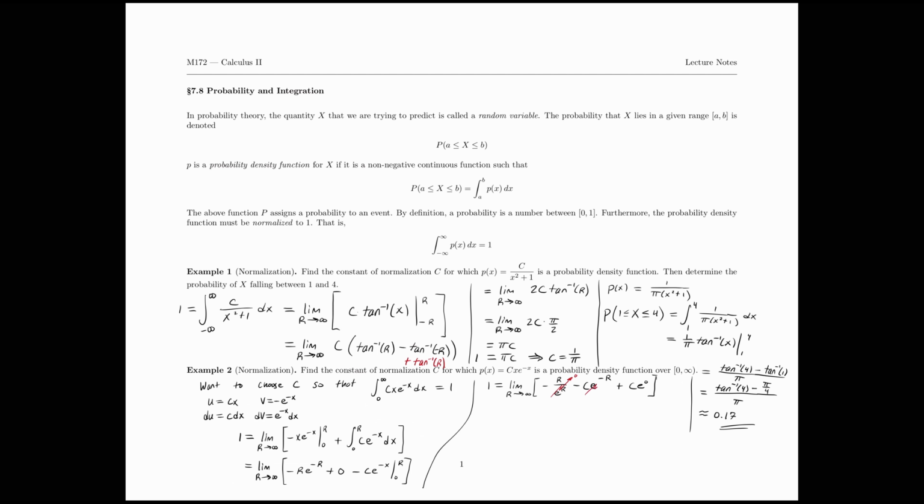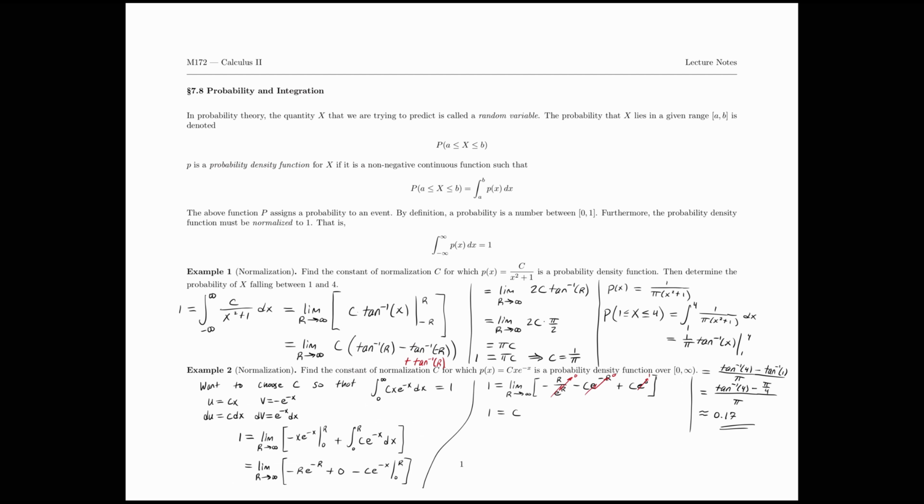So that goes to 0. This term will also go to 0, and what survives is this term, because e to the 0 is just 1. So we have 1 equals c.